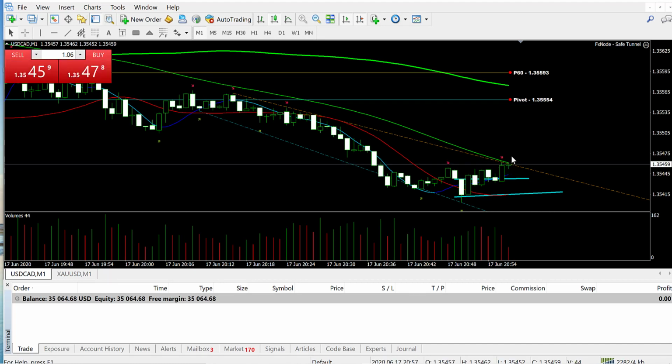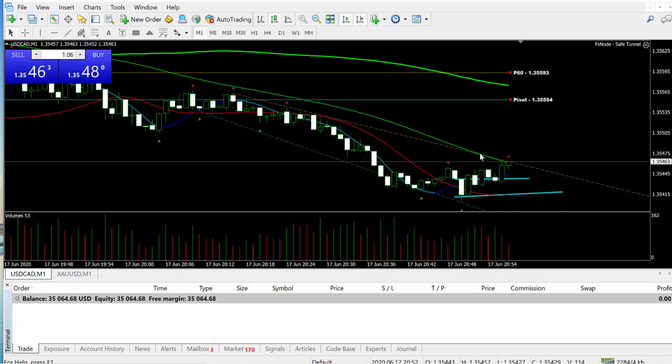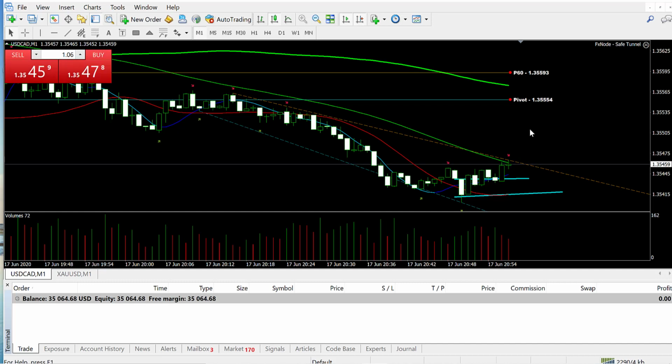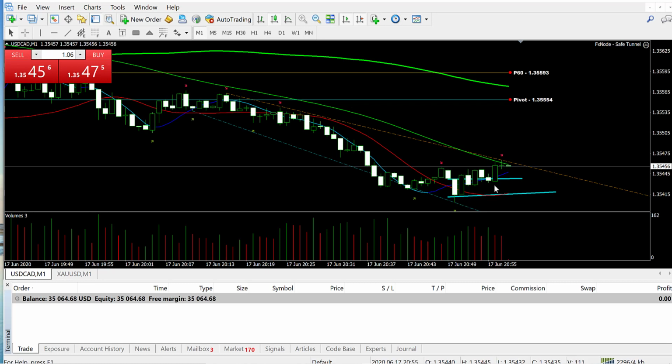So if it breaks above this resistance zone, then we definitely know that the trend's going in a different direction, which it clearly is. We're gonna wait for a setup though. Let's wait for a setup. We got the double tops, double bottoms right here. And we have a doji.